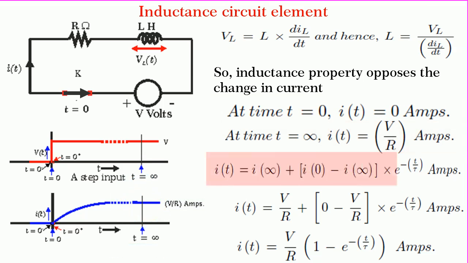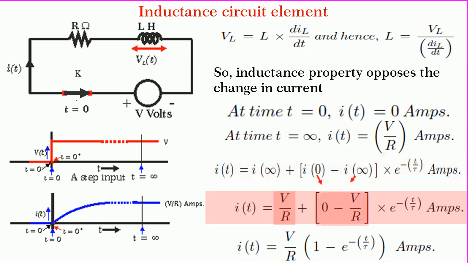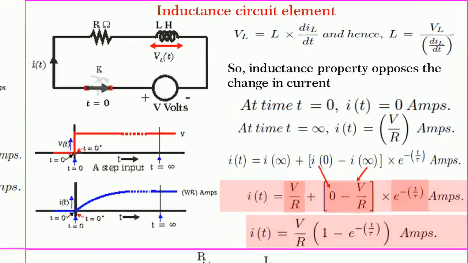Then, using the same mathematical identity and substituting the values, we find that I of t is equal to V by R plus, into bracket, 0 minus V by R, into e to the power of minus t by tau, which gives us V by R into bracket 1 minus e to the power of minus t by tau amperes.